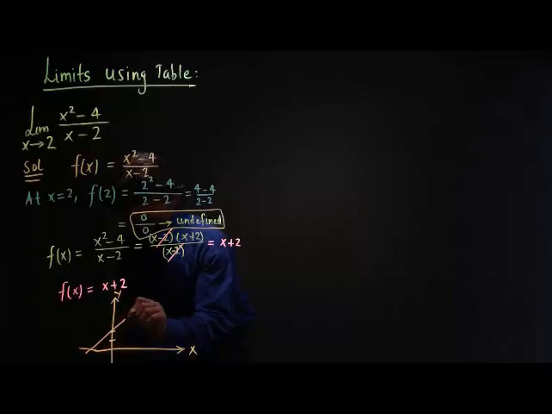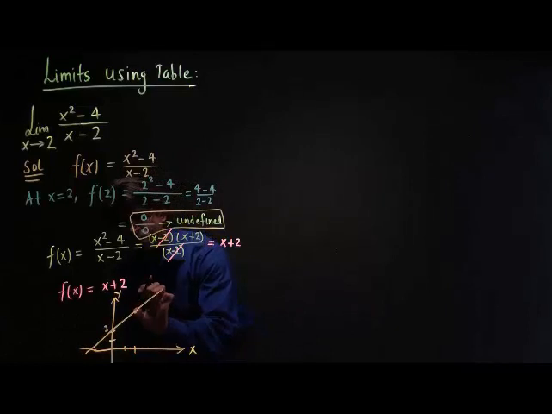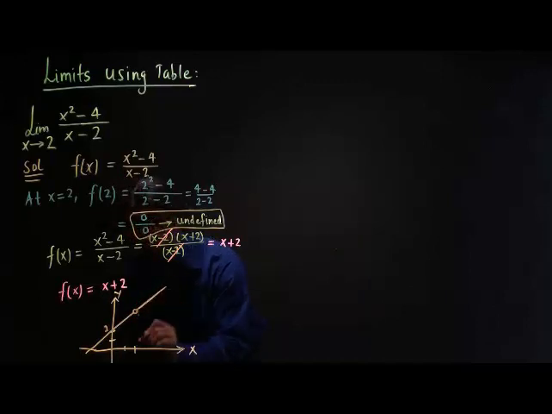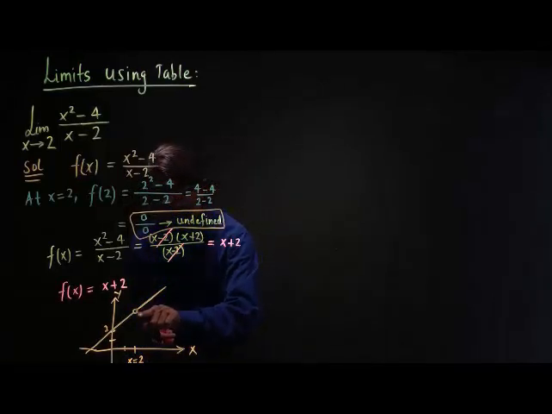My function is like this. This is basically 2. And the function is not defined at 2, which means there is a gap at this point. So I have an open circle at x equal to 2, because the function is not defined at that point.